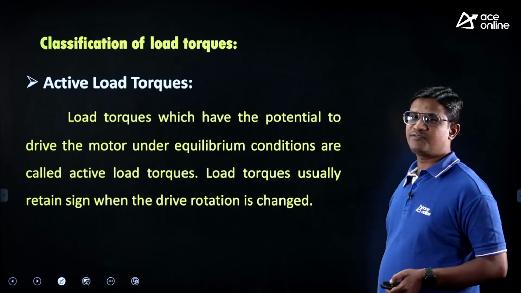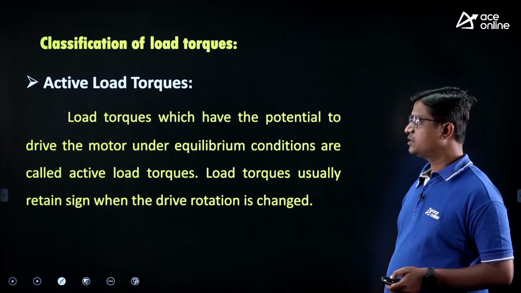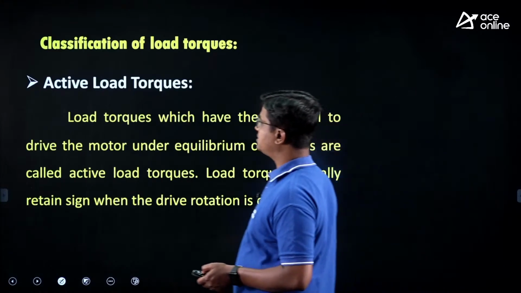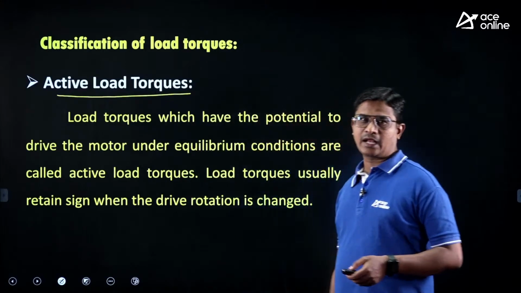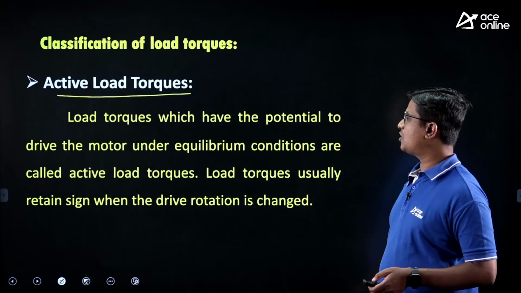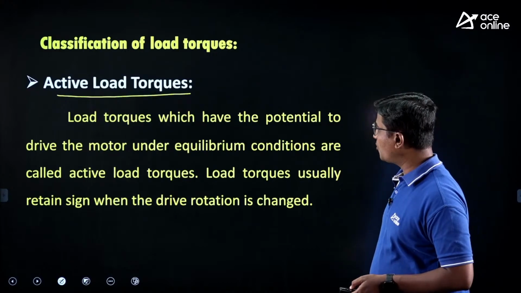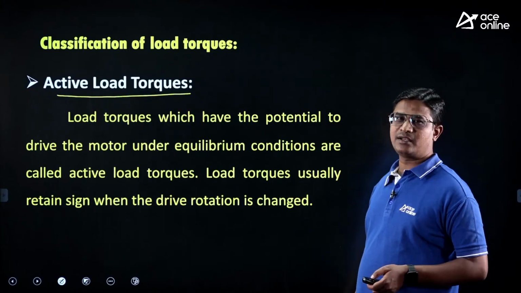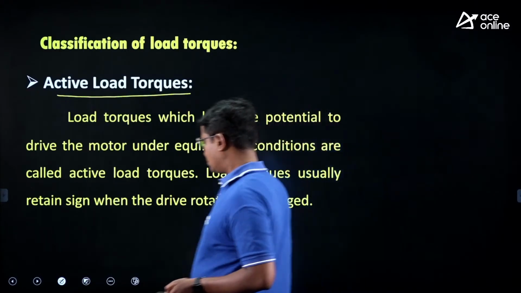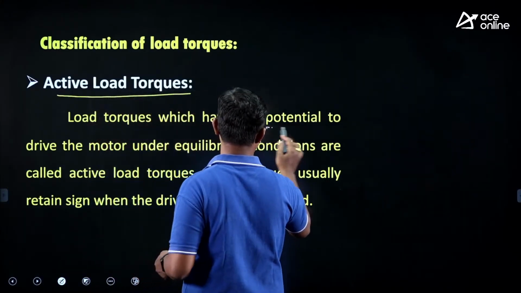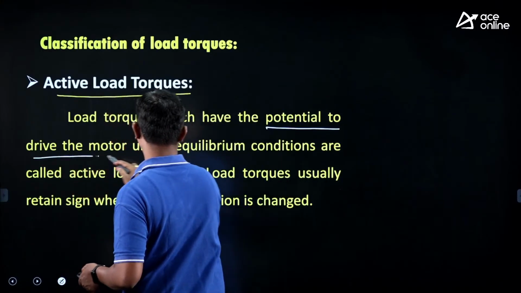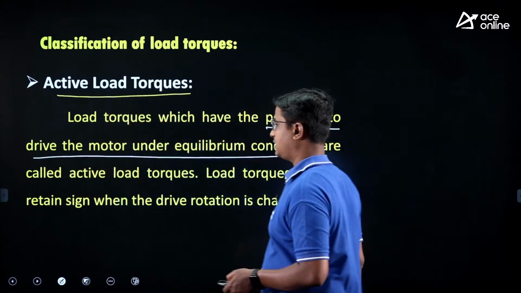Next, classification of load torques. There are two types. One is an active load torque and the second one is a passive load torque. Active load torque means the load torque which has the potential to drive the motor under equilibrium conditions, right?